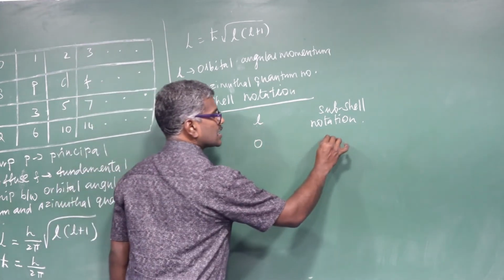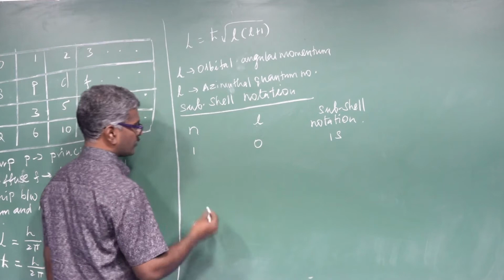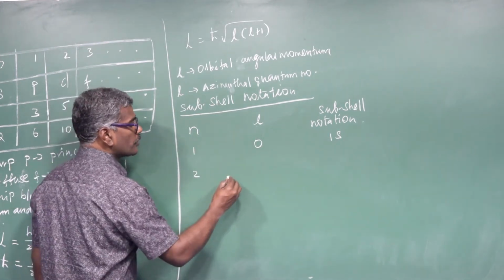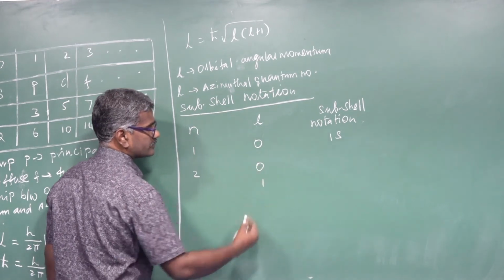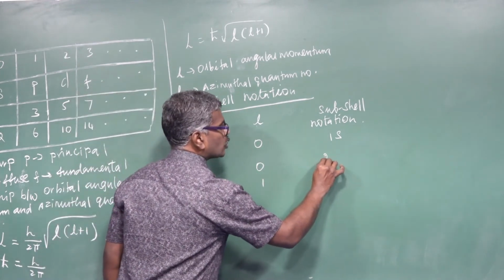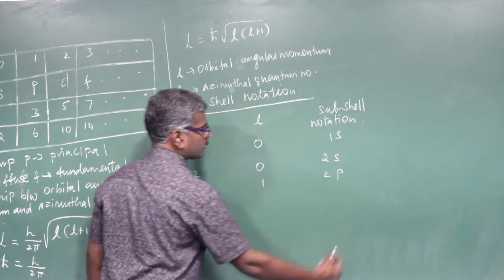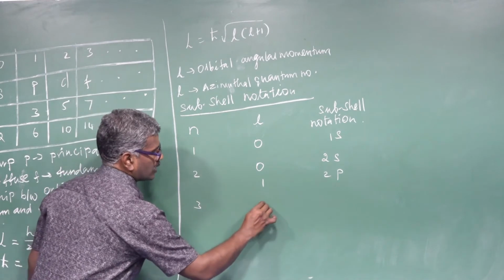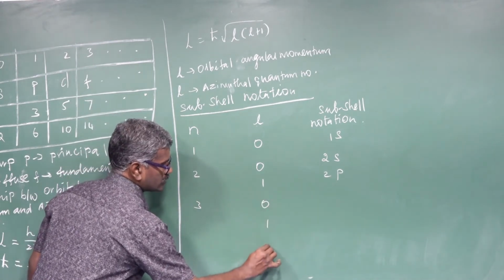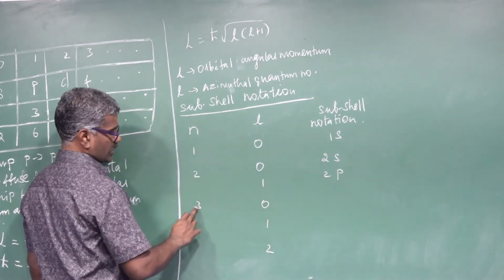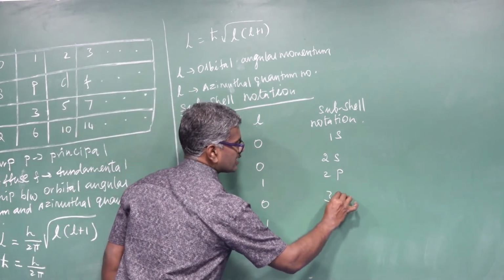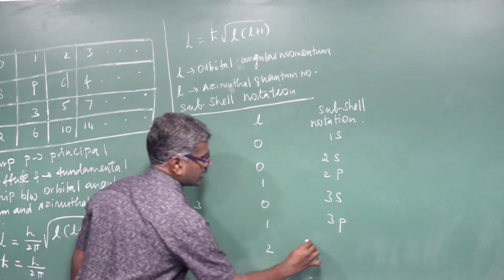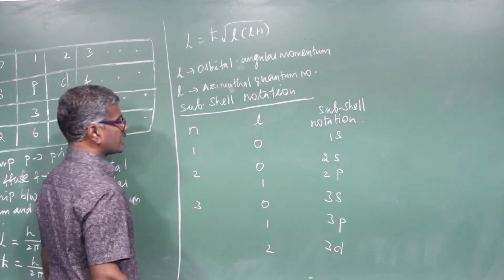S orbital. That is the notation 1s. Another one, n value 2, two l values are possible, 0 and 1. These are called 2s, 2p. N value is 3. There are 3 values possible, 0, 1, 2. Here 3s, 3p, and another one 3d. These are the notations.